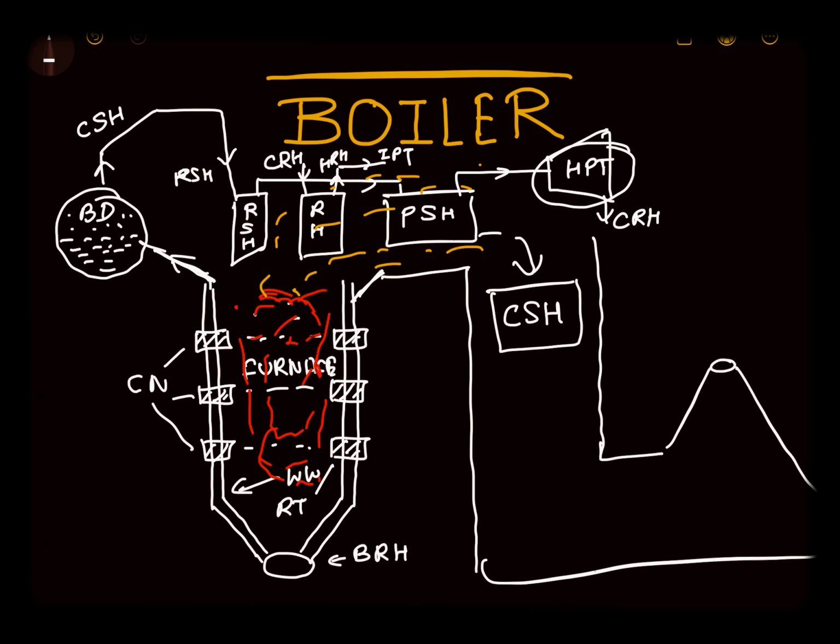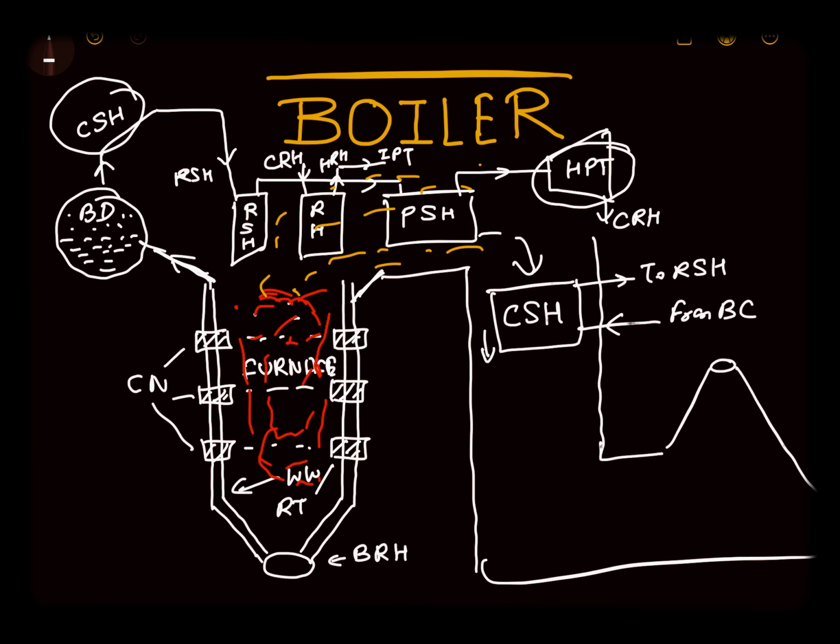As I have mentioned, from the boiler drum, steam goes to the convective superheater. So actually the steam is coming from the boiler drum, and then from this convective superheater it goes to the radiative superheater.